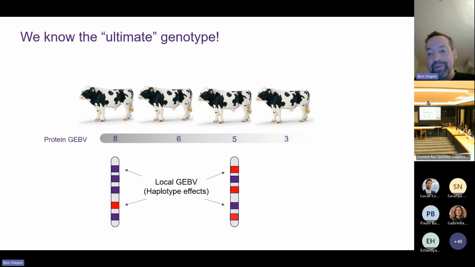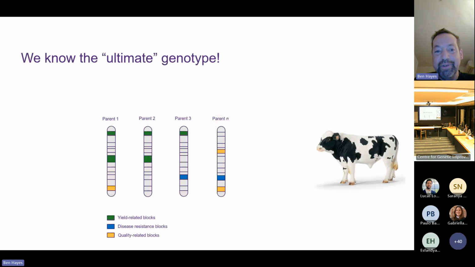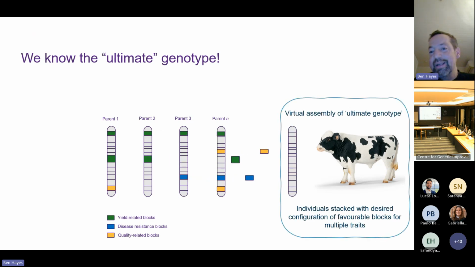And the bulls that aren't so good on genomic breeding value, they might carry many poor chromosome segments, but just at a few locations, they may carry good chromosome segments. And what you really want to do is stack all those good chromosome segments together to assemble the ultimate genotype.